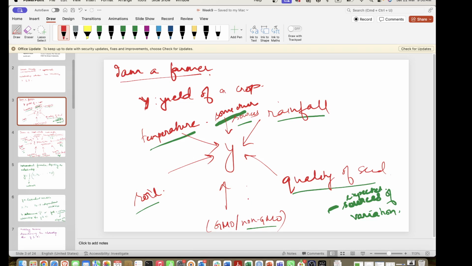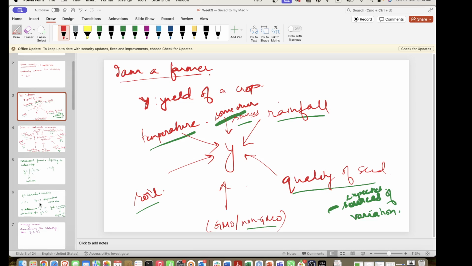So in those cases, I would consider all these variables, explicitly state them as X, and this one would be clubbed, or this one would go with the error part. Okay, do you see what I'm saying?